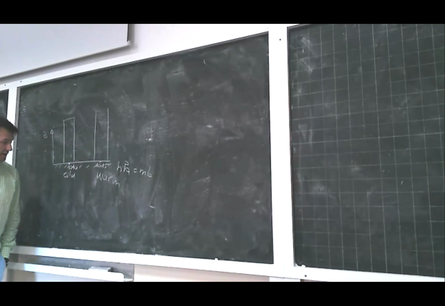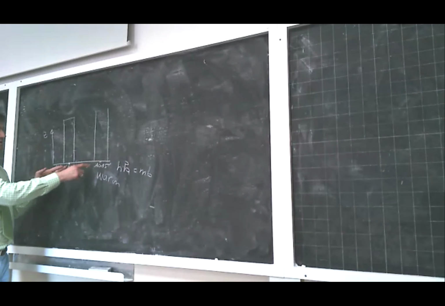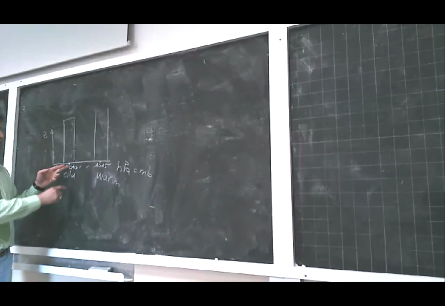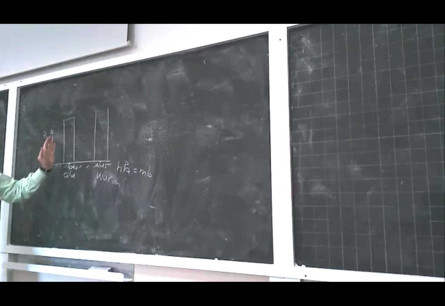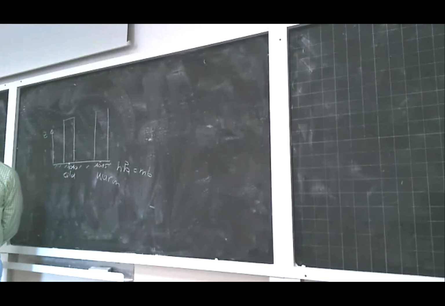Okay, so if we are here, and now I ask you, how is wind going to blow? But I have to tell you, this is northern hemisphere, and this distance is, let's say, 1,000 kilometers. So this is not two adjacent air columns. They're far away from each other. How is wind going to blow in this case?